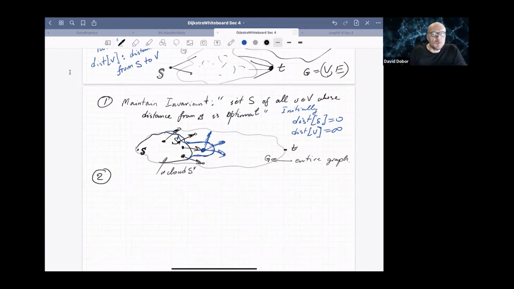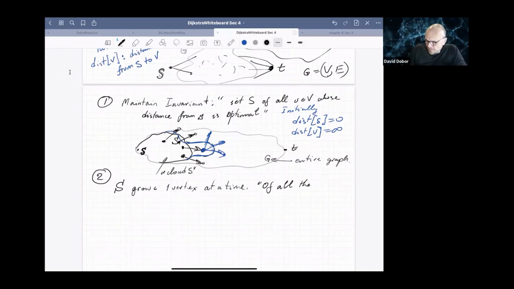Okay, 2 more things I need to mention. Just how does this S grow? One vertex at a time, at each step. And the heart of the procedure is this. Of all the edges emanating from S, I could be writing this in pseudocode, but let's write it in words.